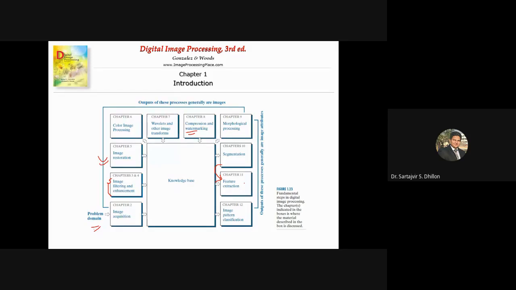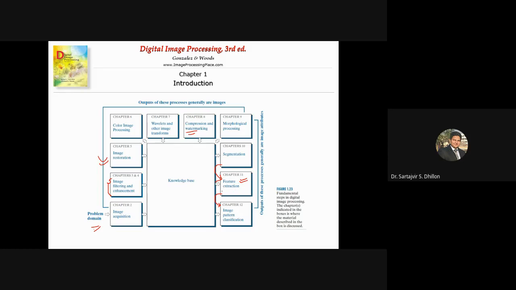For example, you have extracted the tree from an image, and the next task is to detect the shape of that particular tree. That is done by feature extraction, and labeling that particular shape is referred to as image pattern classification.